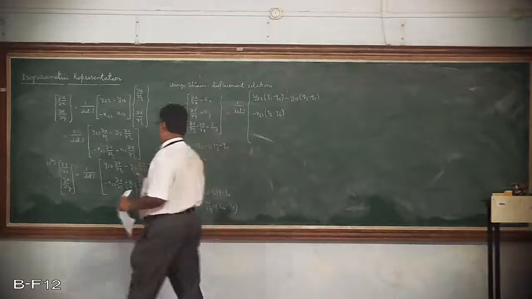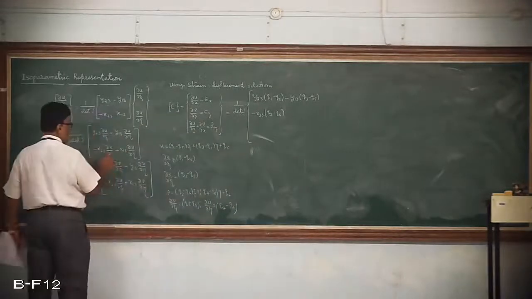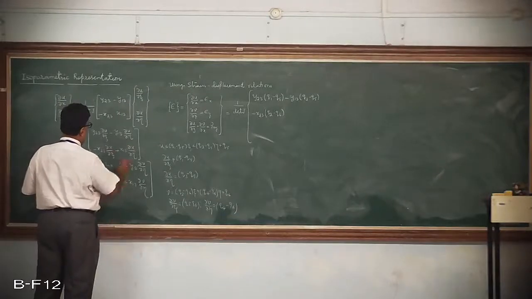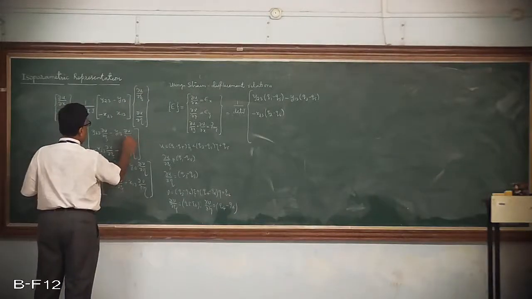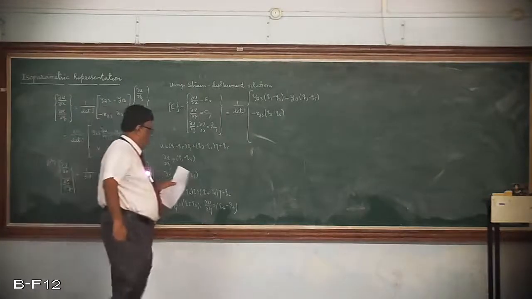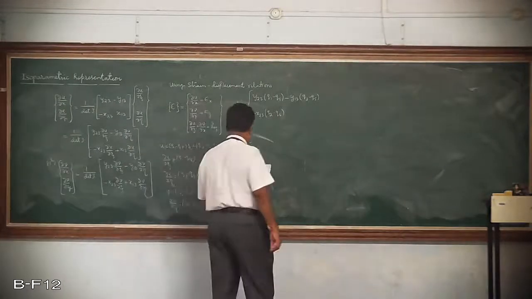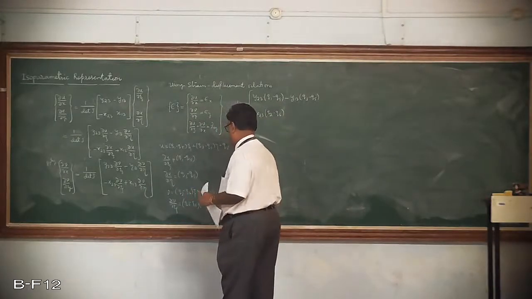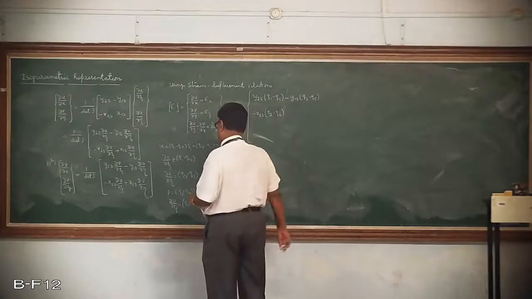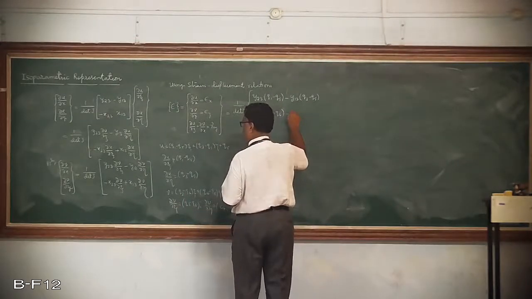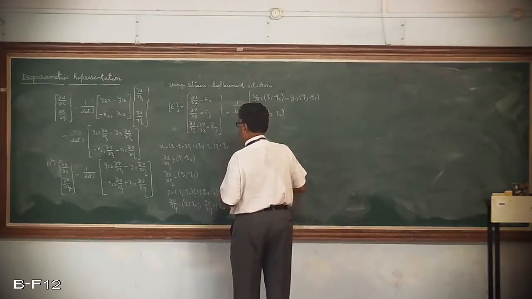This is not zeta. The second one is dou v by dou y. So dou v by dou zeta is q2 minus q6, x plus x1.